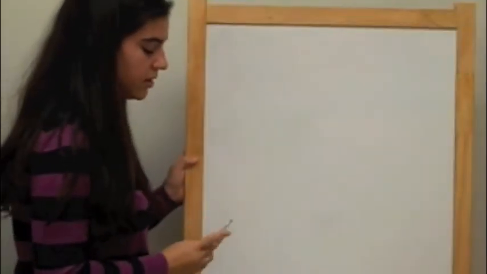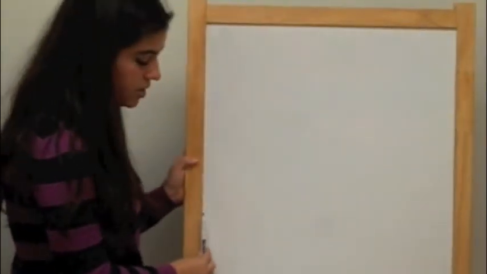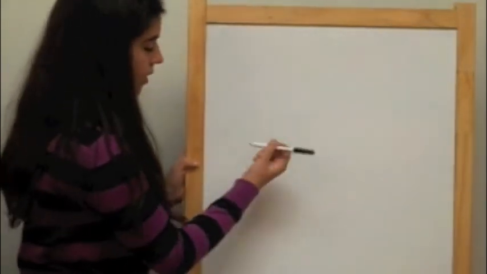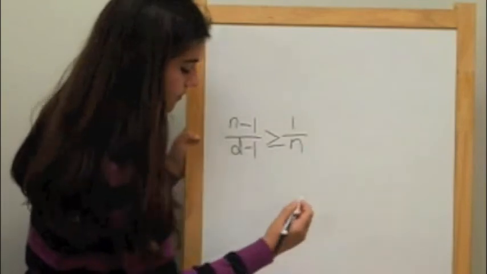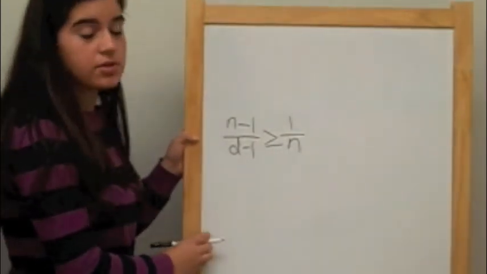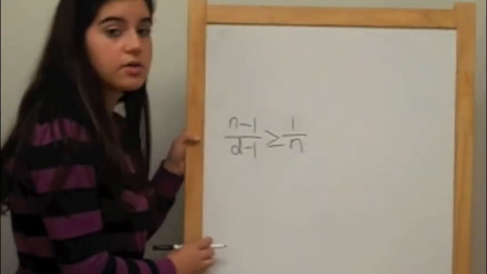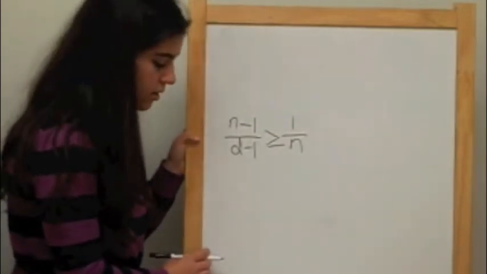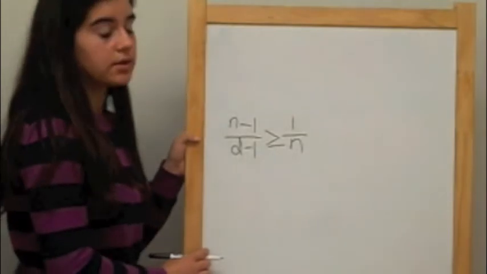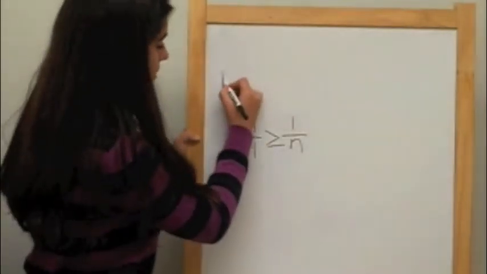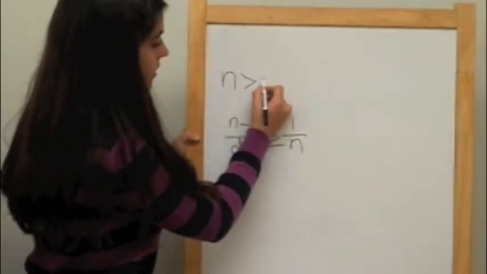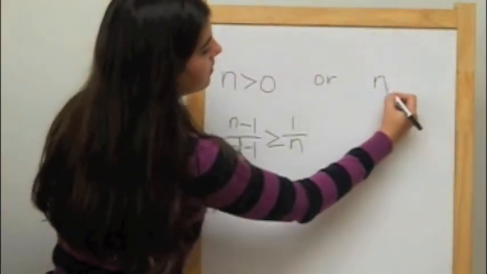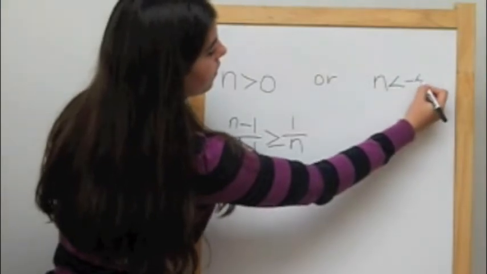Now we have the solution to the first inequality and the equation, but we still need to incorporate the last inequality. We need to find the solutions for this inequality that also satisfy the solutions for the first inequality and the equation, which we have already solved for and gotten the solutions n is greater than 0 or n is less than negative 4.